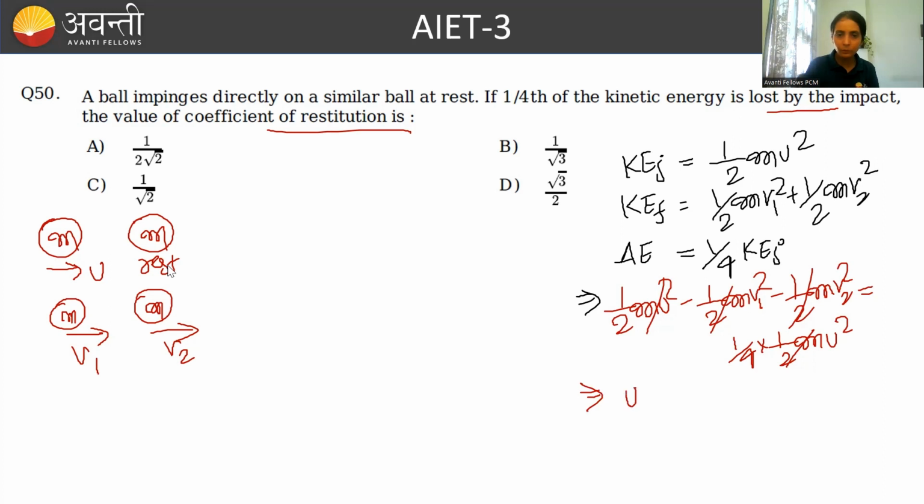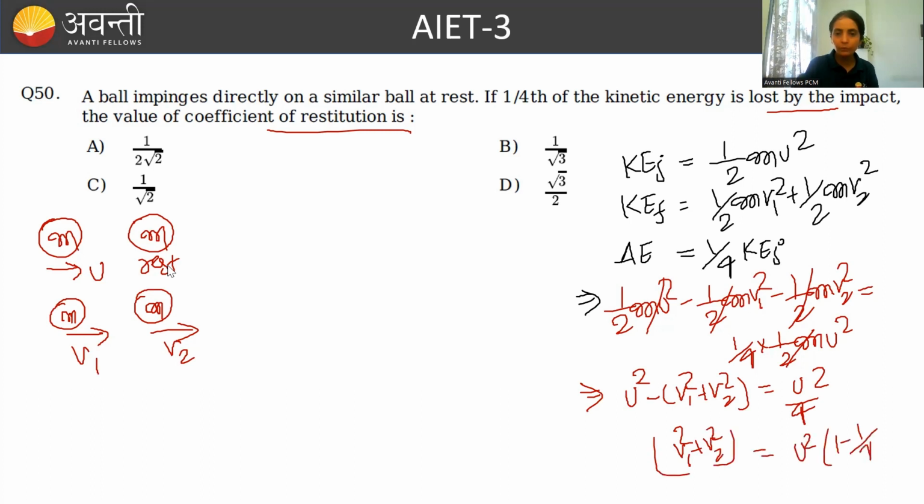Here it will be u square minus (v1 square plus v2 square), and this is equal to u square by 4. Done. So v1 square plus v2 square is equal to how much? U square into (1 minus 1 by 4), and that is equal to 3u square by 4. This is the value. Now, we have to calculate the coefficient of restitution.